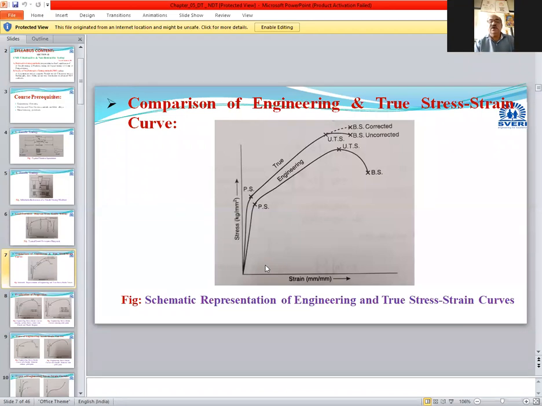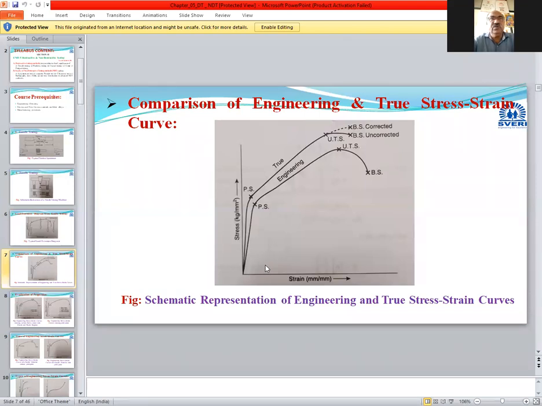What is the difference between true stress and engineering stress? This is part of our strength of materials. Engineering stress is measured on the original specimen, while true stress is measured after applying particular loads, when the cross-section area gets reduced and because of this the stress increases. This is the main difference between true stress and engineering stress.